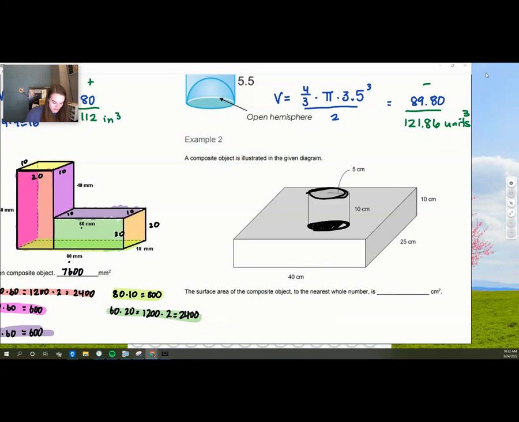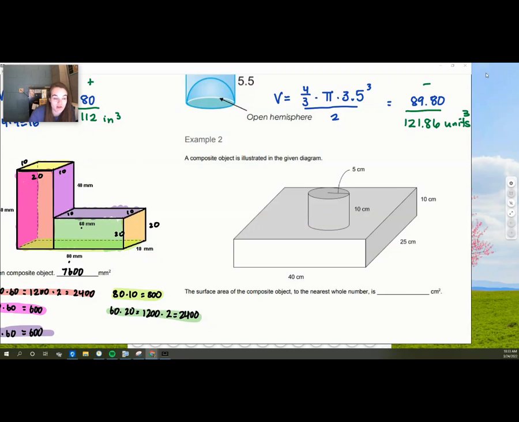I'm actually accidentally counting it twice, okay? That's not showing at all. When I find the surface area of this rectangle, I will actually count it once. But then when I find the surface area of this cylinder, I'll count it again, which means when I'm finished, I'm going to have to actually subtract the area of that circle twice, okay? So I'm going to kind of erase this.